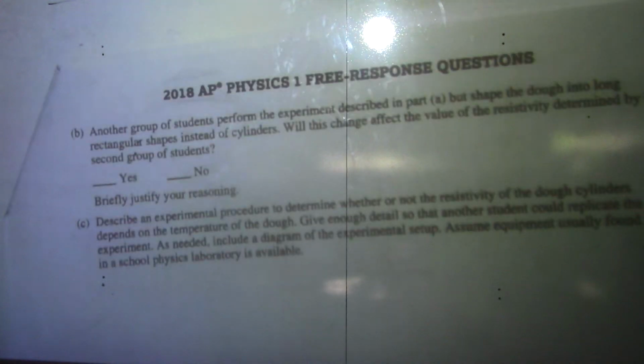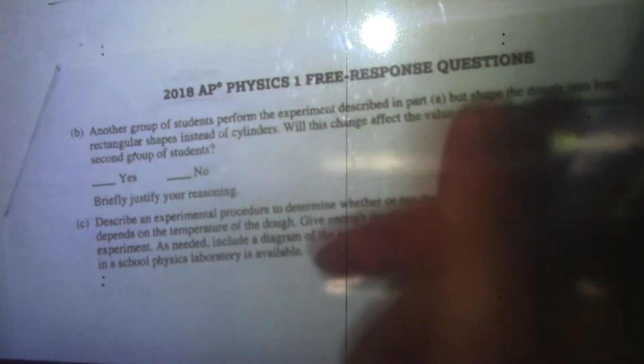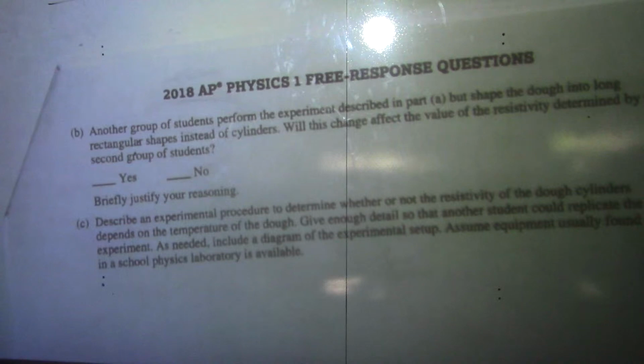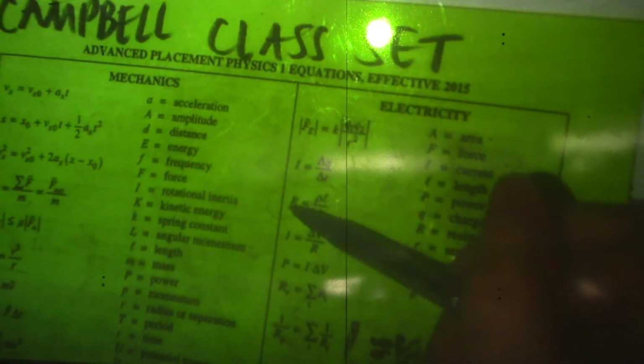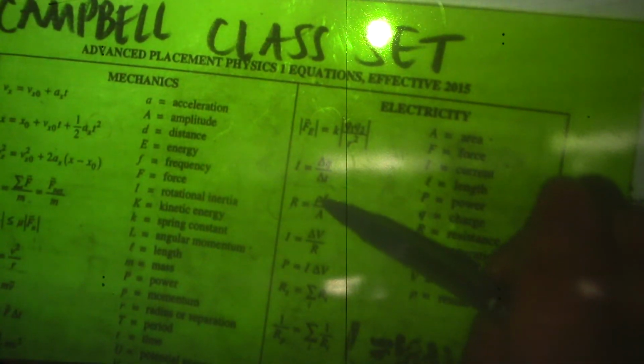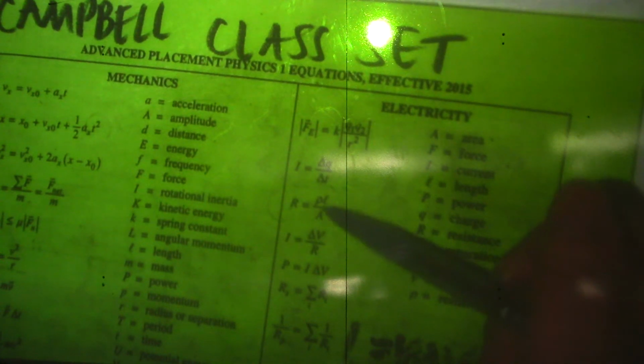Another group of students performs the experiment, but now they shape it into rectangular shapes instead. Will this affect the resistivity? Resistivity is similar to resistance, but resistivity is for a material specifically. When you do it into a different shape, if you look at the equation, the resistance depends on the resistivity of the material and the shape it's made into.